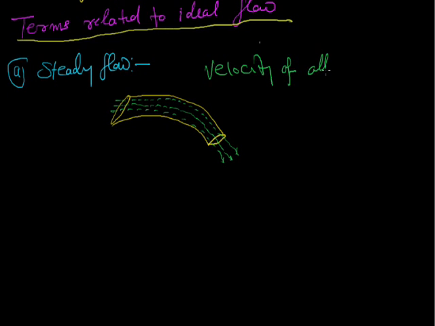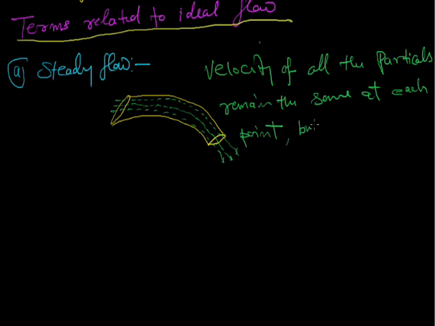Velocity of all the particles remains the same at each point, but may be different at different points.